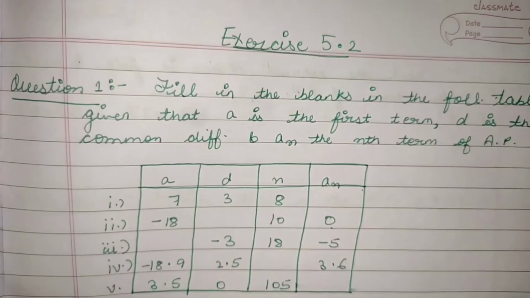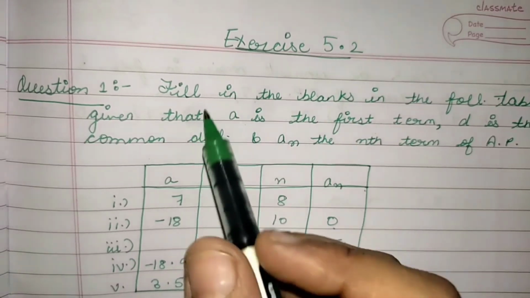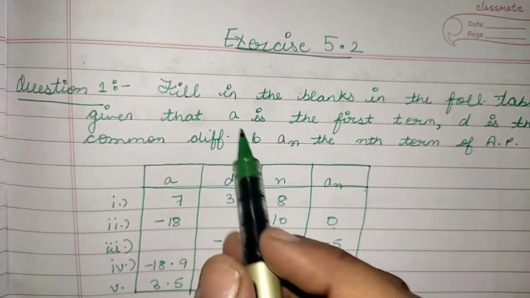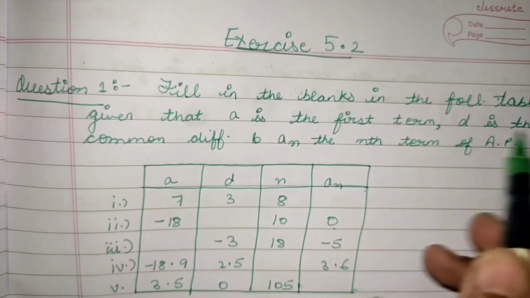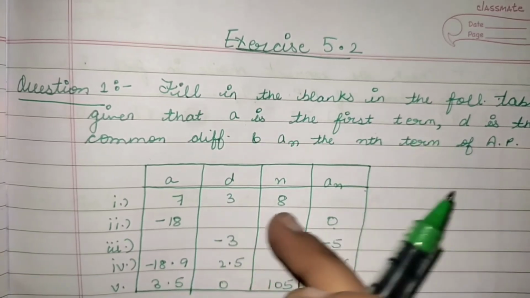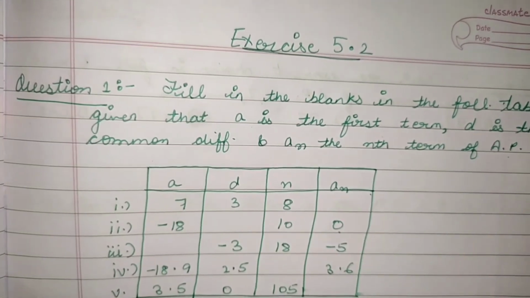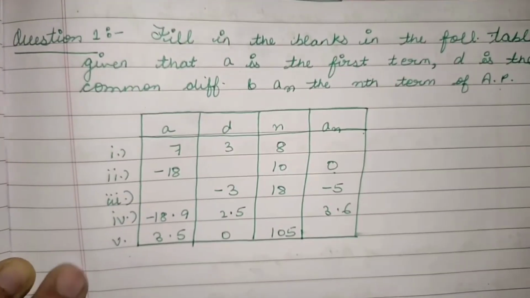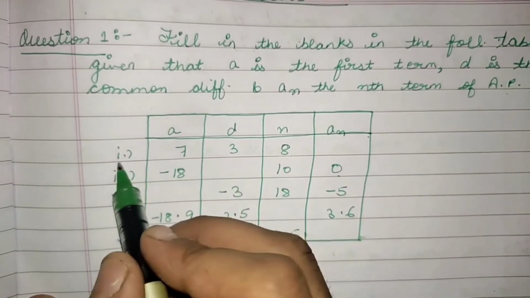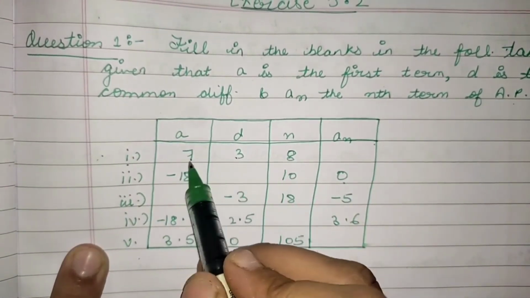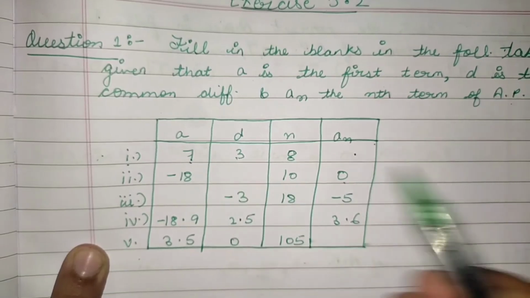Okay, now moving to exercise 5.2. The very first question says: fill in the blanks in the following table, given that A is the first term, D is the common difference, and AN is the nth term of the AP. So these are the simple questions which we have been doing till now. There are 5 parts. In some parts they have given you A, D and N and you have to find AN.